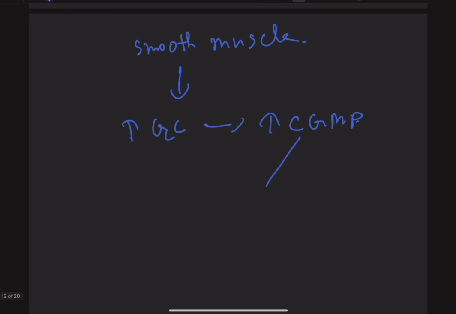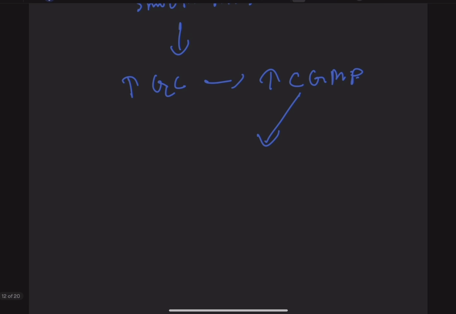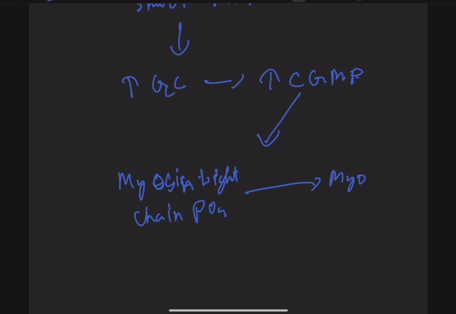And this cyclic GMP causes myosin light chain phosphate to convert into the myosin light chain.